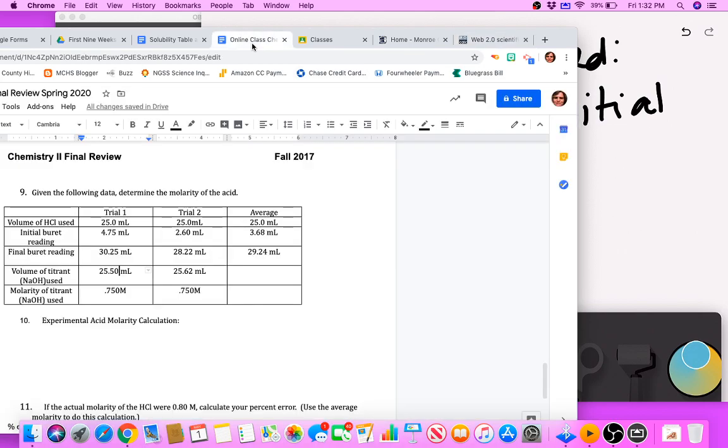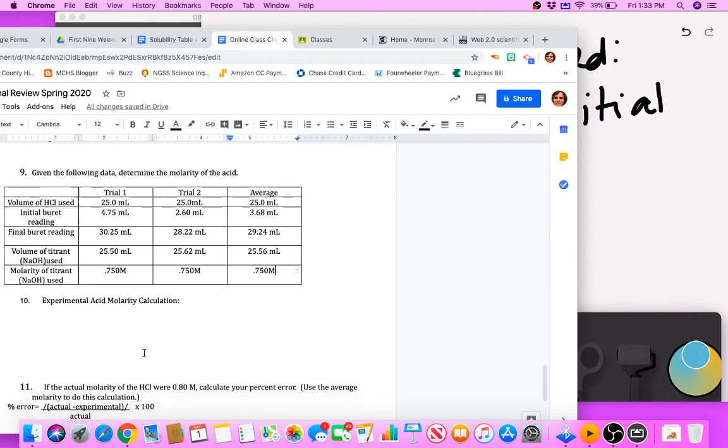Okay, 25.56 milliliters. Okay. Last one. This one is the same across the board, so 0.750 molar. All right. So now, that's all you have to do to fill in that table and to get your points for filling in that table. Not miss anything. All right.